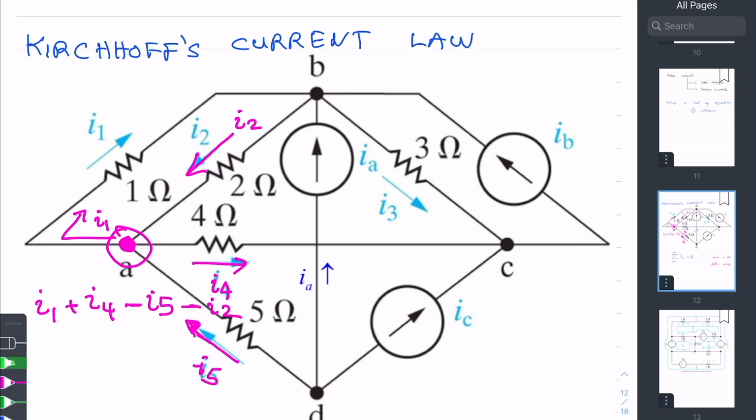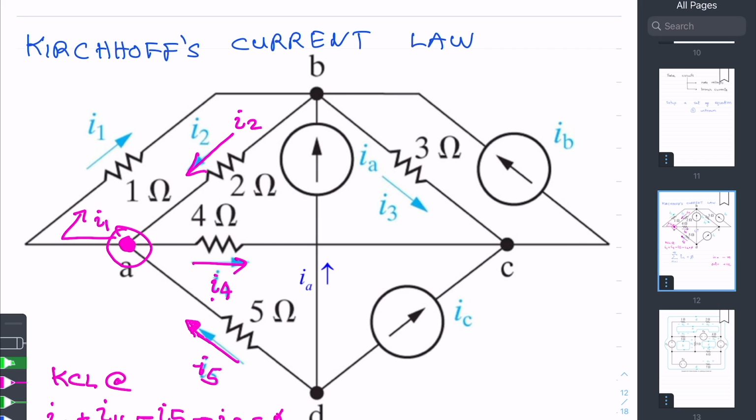If you sum all the currents at node A, that equals 0. So that is KCL, the application of Kirchhoff's current law at node A.